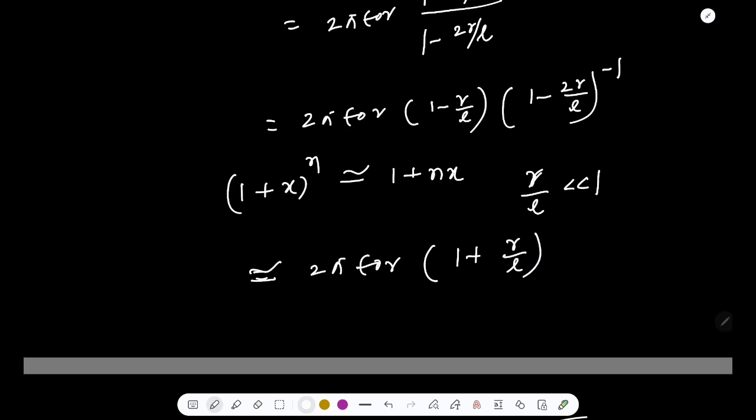If you want to go further and R by L is very close to 0, not just much less than 1, then you will get the result simply as 2 pi epsilon naught R, which is the capacitance of an isolated spherical capacitor.